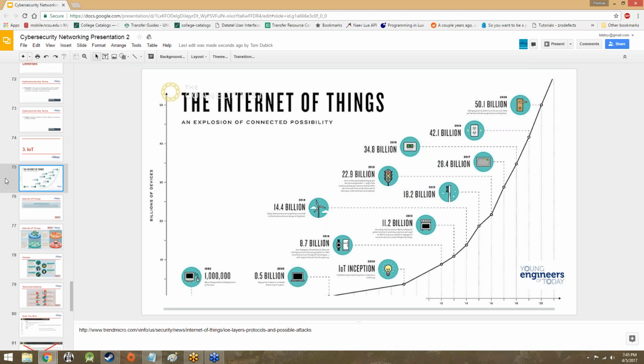So that leaves basically first world countries with their toothbrushes and fridges and stoves and thermostats and, as far as infrastructure is concerned, traffic lights and street lights and energy meters and just all of these things all being connected to the Internet. So when we say the Internet of Things, we mean literally the things that you see in everyday life being connected to the Internet. That is the Internet of Things.